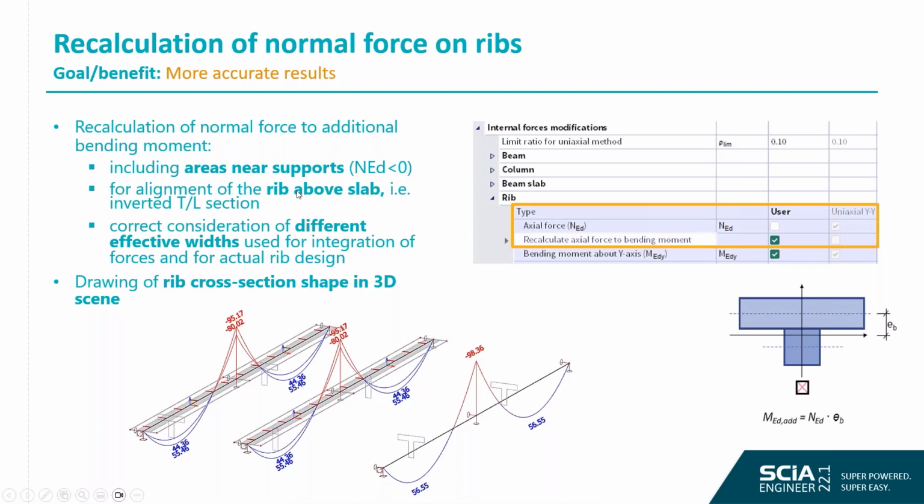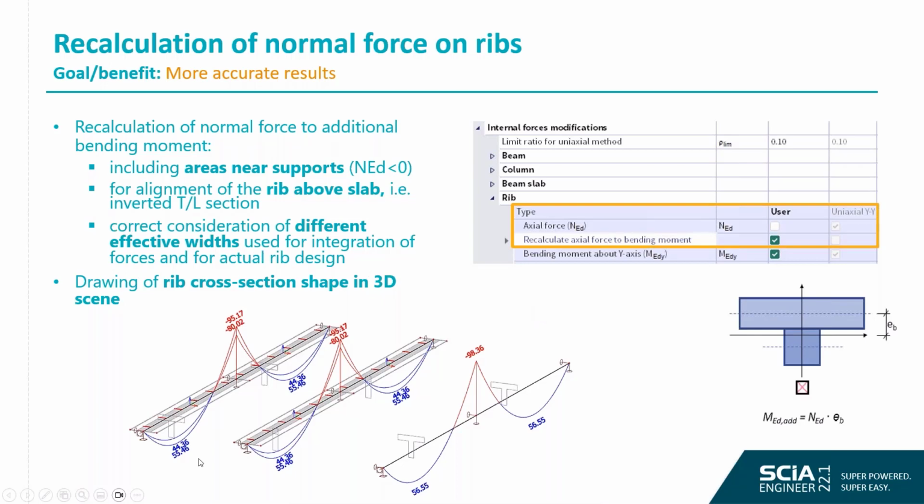Also, it will solve the issues which we had in case rib was oriented above slab, because then of course we have tensile axial force above the support, but originally in this area the bending moment was not increased at all, because originally we focused on the bending moment sign and not the axial force sign.